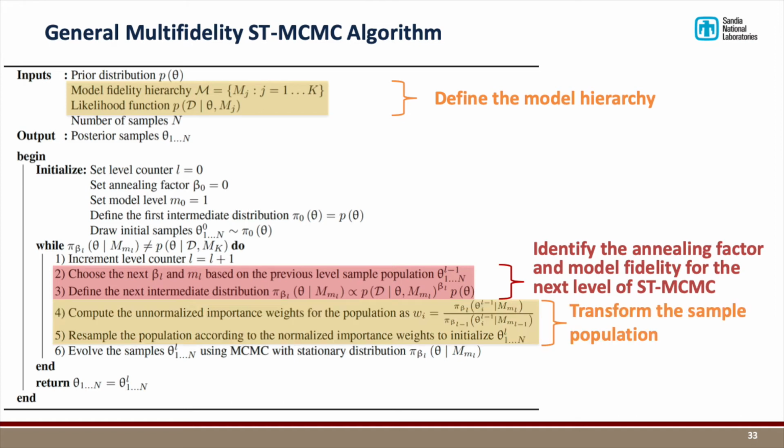Given this choice of the next intermediate distribution, we then need to reweight the sample population using the importance weight so that we can resample the population to get to the next level. This transformed set of samples can then be used to seed the next MCMC steps, and ST-MCMC continues through all the intermediate levels until ultimately the sample population is sufficient for capturing the posterior according to the full fidelity model.